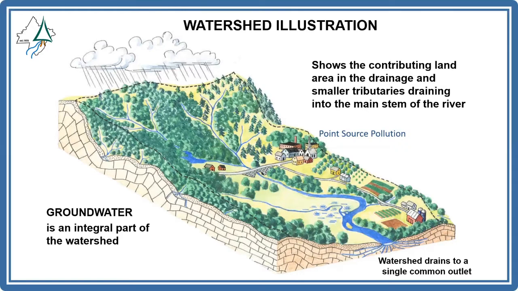And then we also have another type of pollution, which is more common, called non-point source pollution. So non-point source pollution is a type of pollution that comes from many diverse areas in a watershed. And it's carried through a watershed through that stormwater.